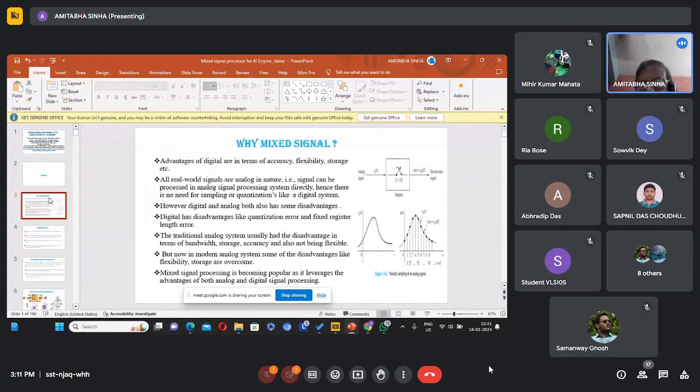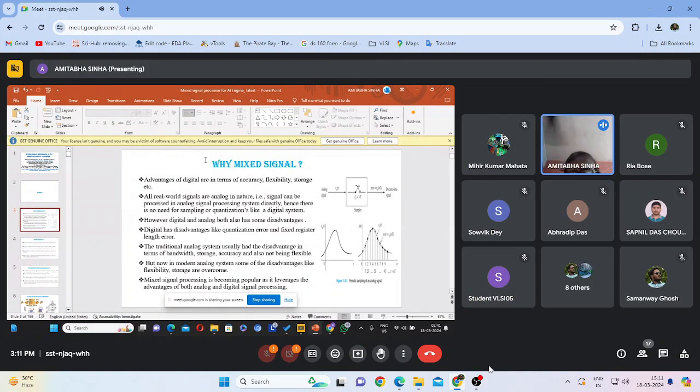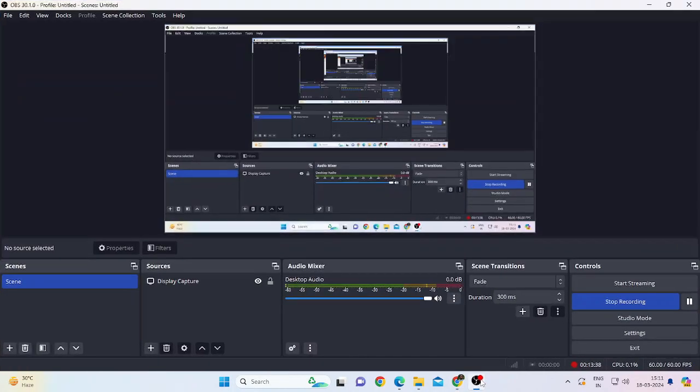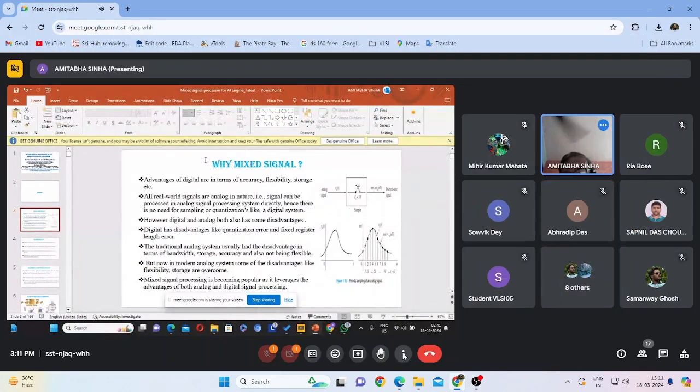So, good afternoon. The topic of discussion is mixed signal processing and its application to AI architecture. Before going into the details, let's try to understand why mixed signal. In fact, we know that the advantages of digital are in terms of accuracy, flexibility, storage, etc. But all real-world signals are analog in nature.